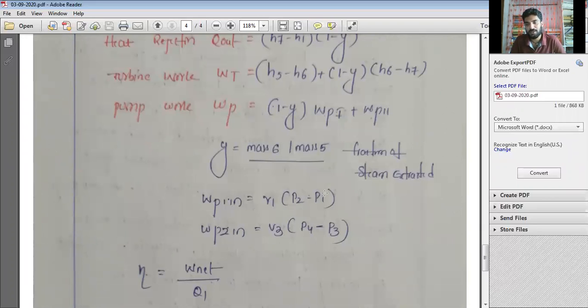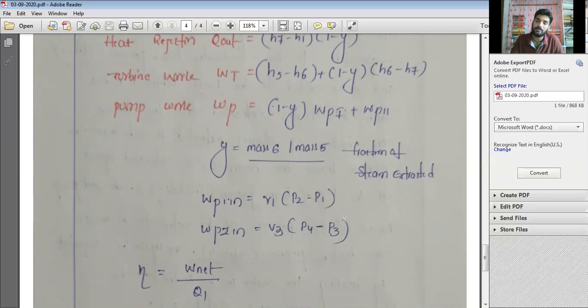If an equation has two unknowns, it is impossible to find the required values. So I can write pump work in terms of volume into pressures. These volumes are specific volumes, taken from steam tables. So the first pump work is V1 into P2 minus P1, and the second pump work is V3 into P4 minus P3.